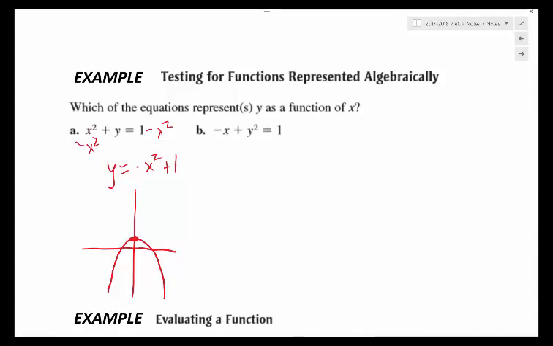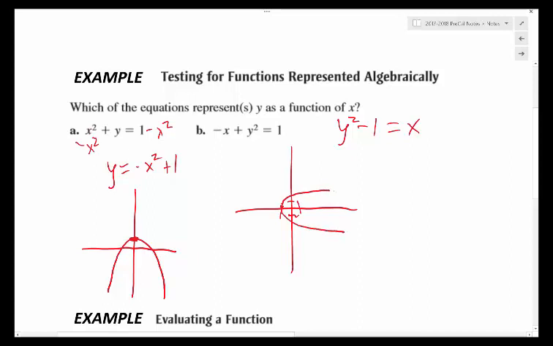Whereas over here on the right, with a y squared, you end up having y squared minus 1 equals x. So what you end up having is a parabola that will look like this.